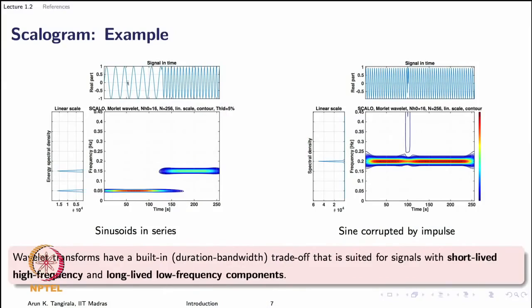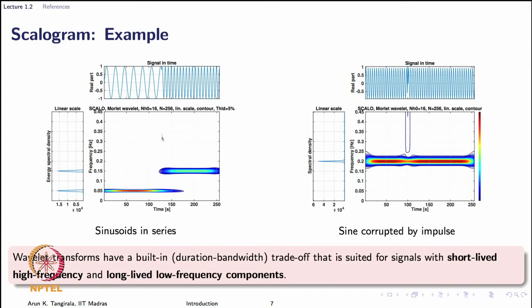In example 1 here I have a signal which has low frequencies in the beginning for a while, fixed frequency, and then high frequency later on, and the scalogram is able to correctly pick those features, and what you observe in the scalogram is consistent with what we discussed just now.